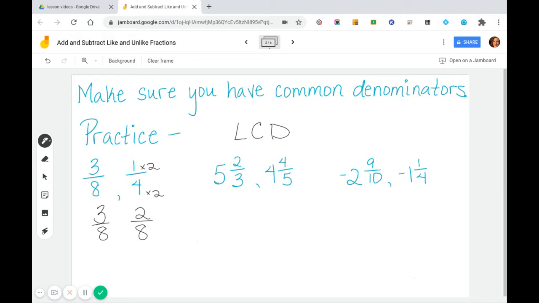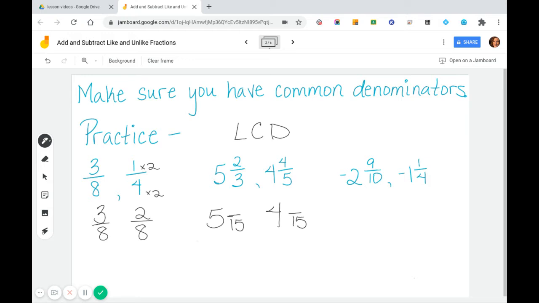Let's do another one, just focusing on getting common denominators. The 5 and 4 for my whole numbers, I'm just going to leave there. But I need to rewrite the fractions with something that 3 and 5 will both go into. I know 3 and 5 will both go into 15, so I'm going to use that. If you had quickly thought of 30 or 45, that's okay.